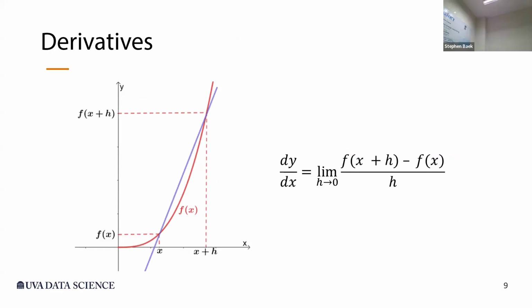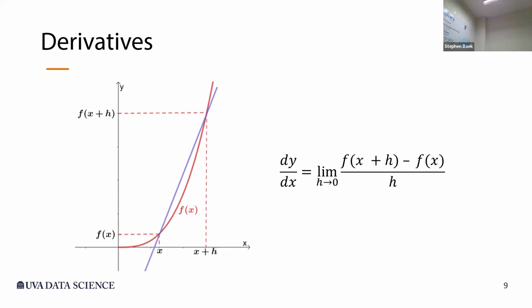Before that, let me mention a few things. This is the theoretical definition of derivative. If you have a function f, and you want to take the derivative of function f at a given x, then this is essentially the definition.